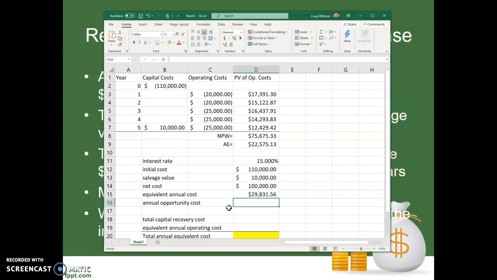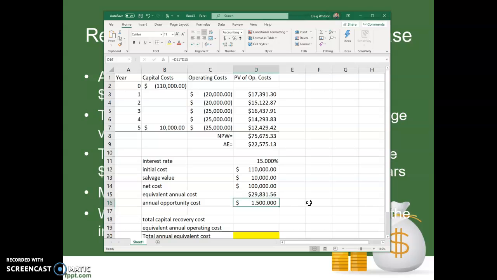But we have to also consider for our total capital recovery the annual opportunity cost, which essentially means that if at any point in this 5-year cycle we had decided, you know what, we're going to scrap this project, we're going to take the equipment and sell it for $10,000, and reinvested that $10,000 at a rate of 15%, we could have earned 15% times $10,000.